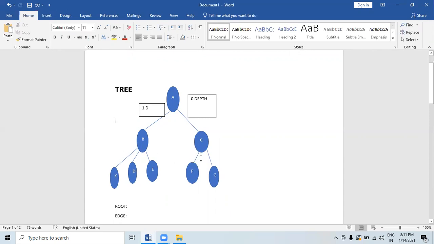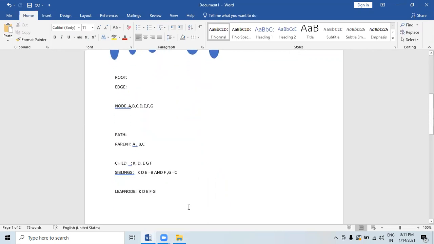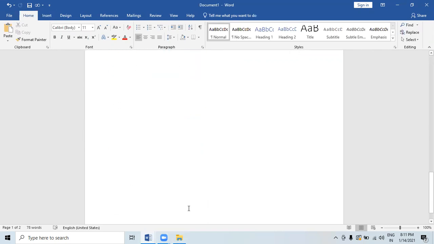So this is your depth of 3. The total number of edges from the root node to the leaf node at the last level is said to be the depth of 3. Depth and height are the same here, but they differ in definition.